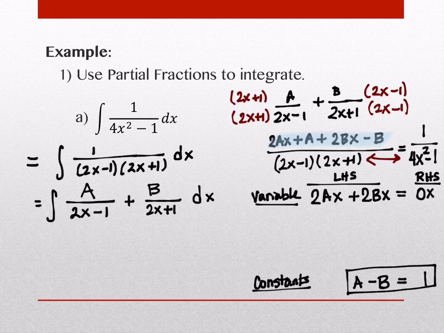Take a look at the left-hand side of the variable equation. What do they have in common? They have a 2x in common, right? In particular, they have the x in common, which is more of my concern. If I factor out an x, I've got 2a plus 2b. And on the right-hand side, if I factor out an x, I've got x and I've got 0.